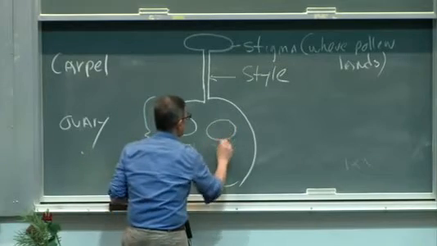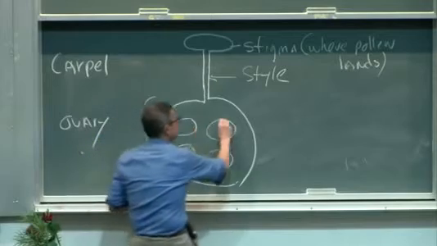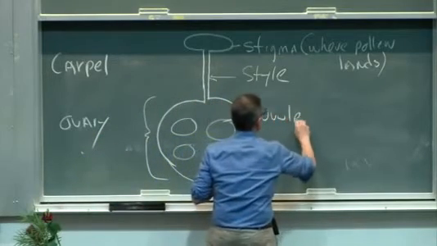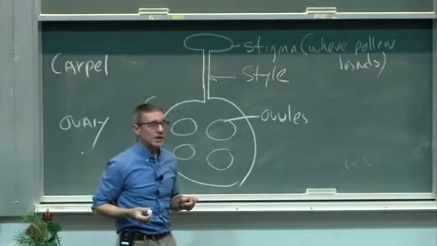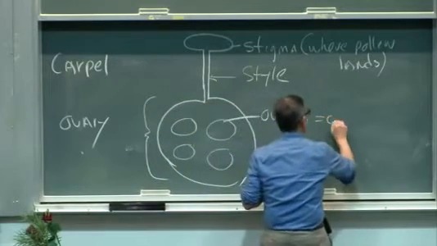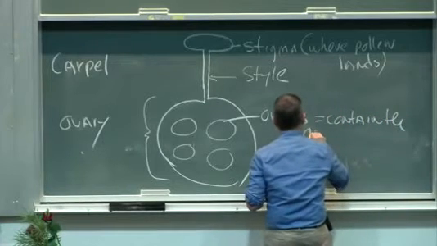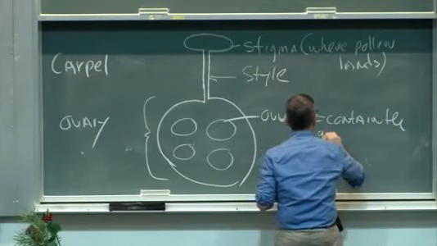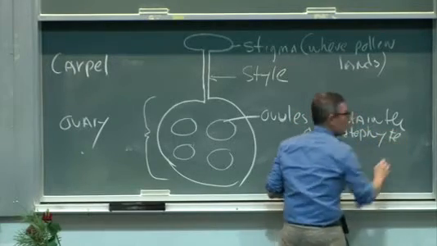For our purposes, we're going to make 4 of these. We find the ovules. Remember, when we talked about the gymnosperms, we said that the ovules contain the female gametophyte, which includes the egg.